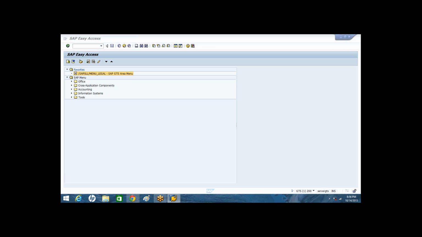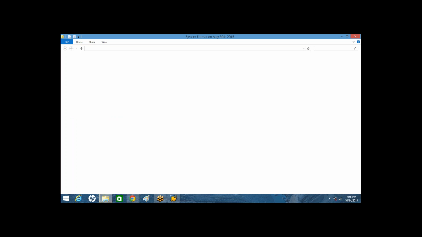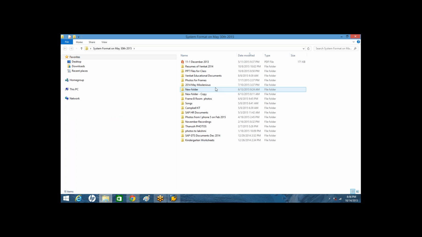Now the rest of the submodules of SAP GTS: there are two more submodules, and both are very small. Especially electronic compliance reporting is very small, and risk management is a little bigger than electronic compliance reporting.